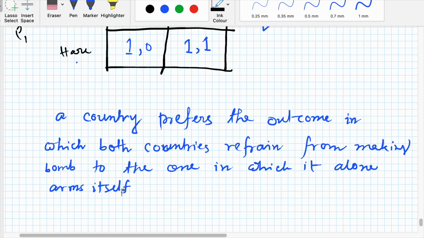So the cost of arming outweighs the benefit if the other country does not arm itself.